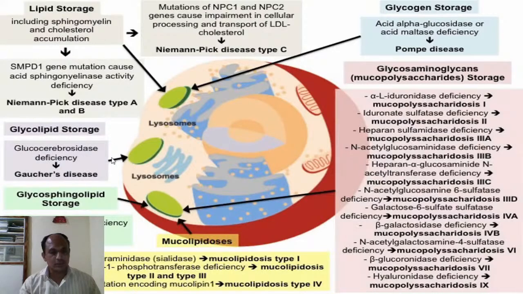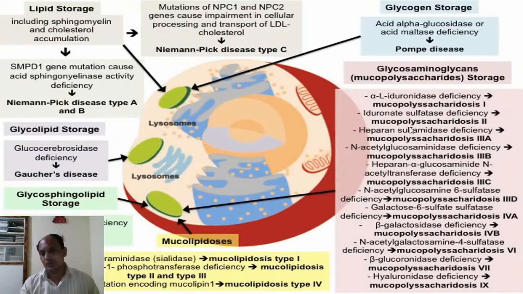A deficiency of this enzyme is responsible for Gaucher disease that we are going to study here. So this is also a metabolic disorder. Then in glycosphingolipid storage, there is a deficiency of alpha galactosidase A enzyme, and this leads to Fabry disease.